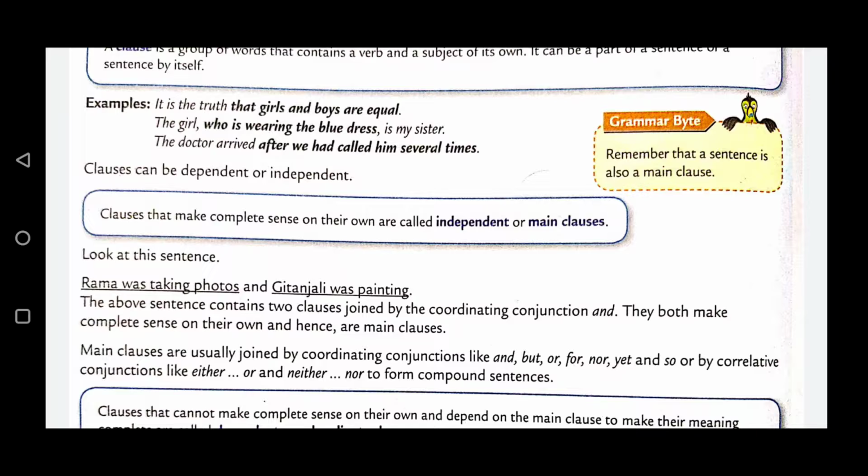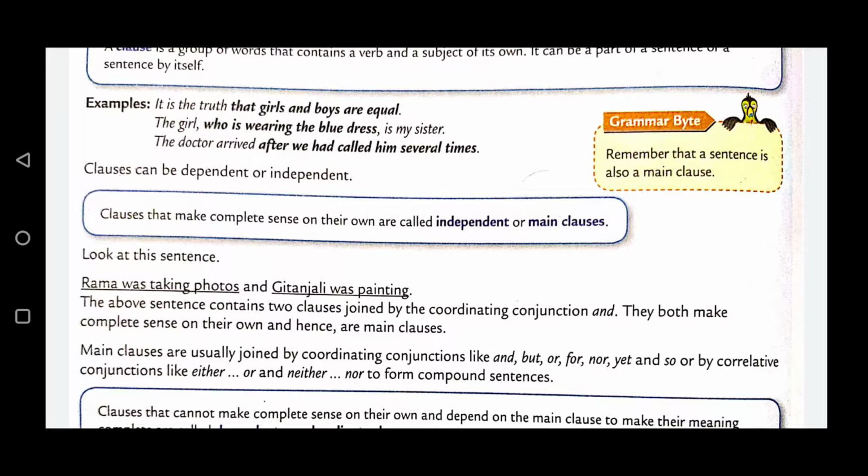Though they are different and combined with the conjunction and, they both make complete sentences. They don't depend on each other for their sense. Therefore, each of the sentences is said to be a main clause. Because and is a coordinating conjunction, these two sentences combined using and make a compound sentence.